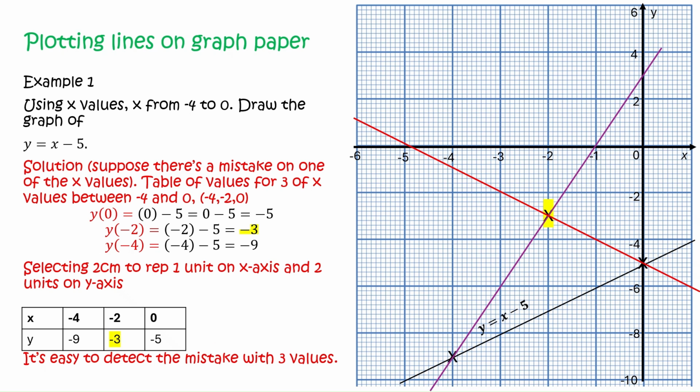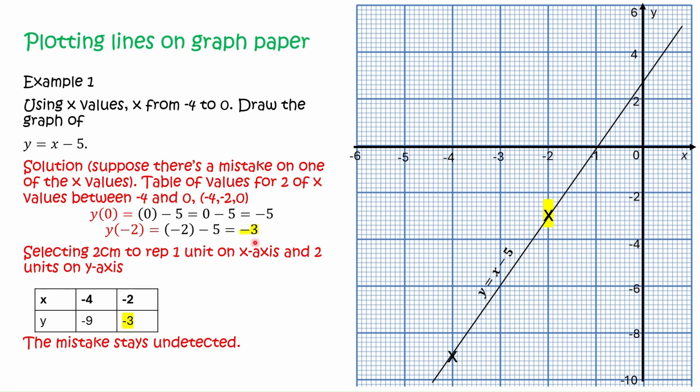So we have one person who had 2 values, and under pressure, they made a mistake. So they calculated the y of -2 value wrong. So that would be what they would plot. They wouldn't even detect that they have made a mistake.